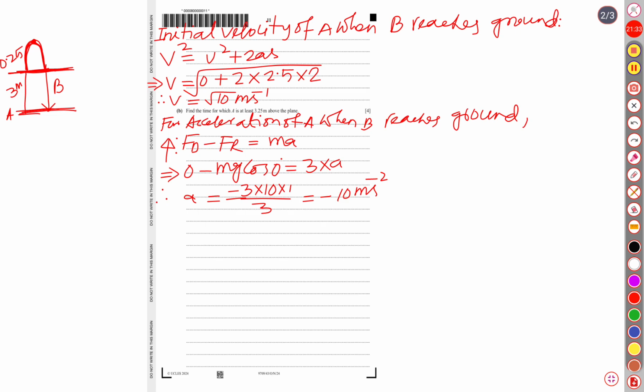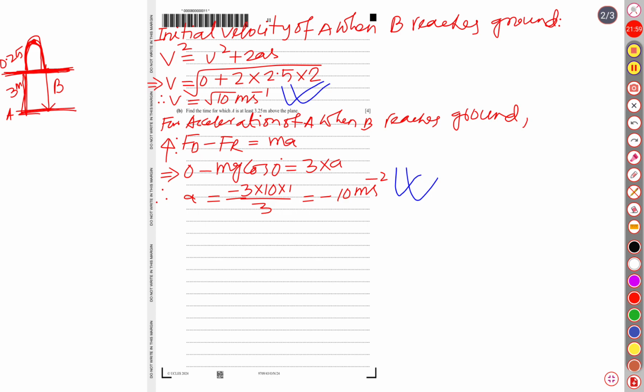They have told us to find how long the particle was above 0.25 meter. That means the first three meters should not be included. The question is above this. Okay, so look at this, we have got the initial velocity for A as well as the acceleration of particle A.